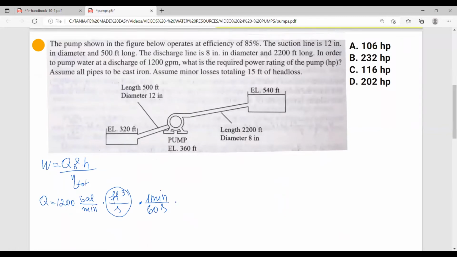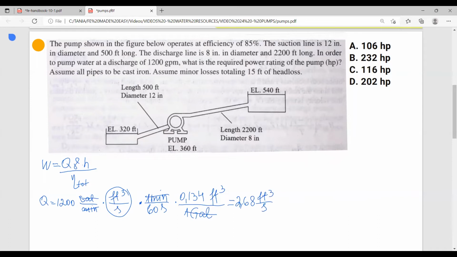That means that 1 gallon equals 0.134 cubic feet. And from here, gallon goes away, and we're left with 1,200 times 0.134 divided by 60, and we get 2.68 cubic feet per second.